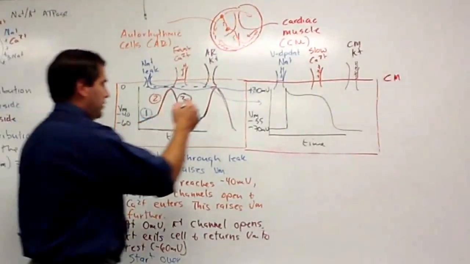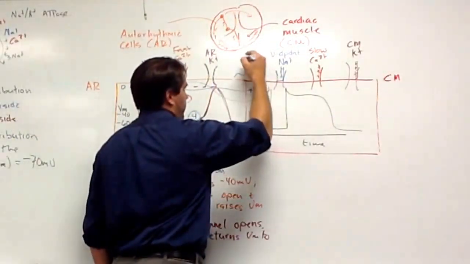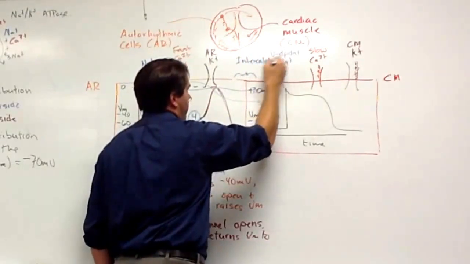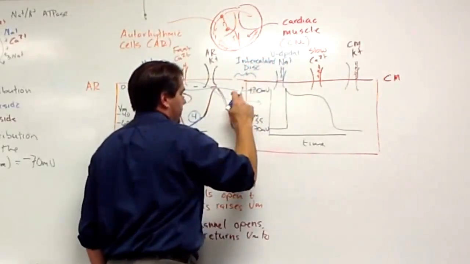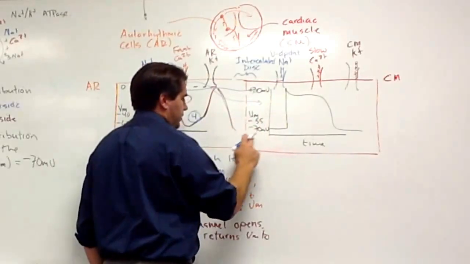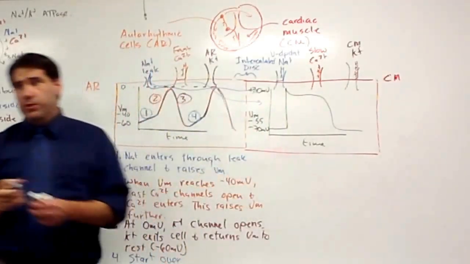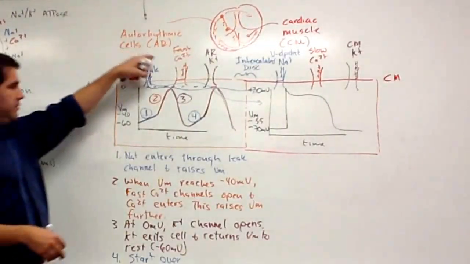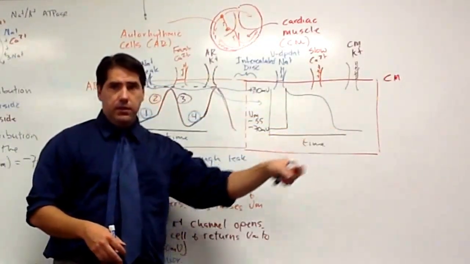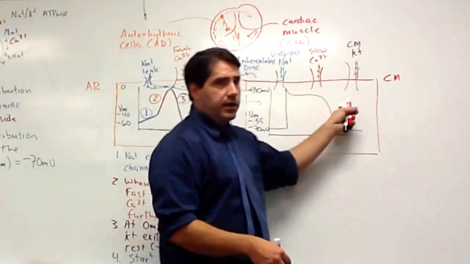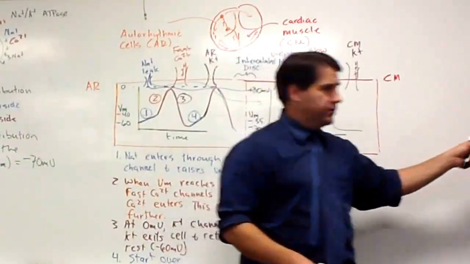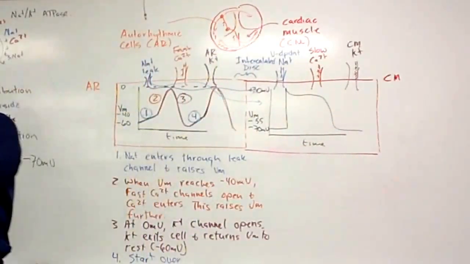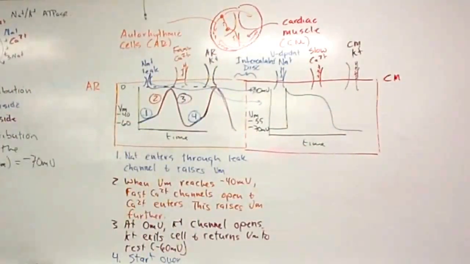So this here is called an intercalated disc, which really just means there are gap junctions, or holes, between these cells. So when sodium leaks in here, it can leak over to the next cell. And in fact, that's how this cardiac muscle is going to stimulate the next cardiac muscle and the next cardiac muscle: there will be gap junctions in there that will let ions flow from one cell to the next.